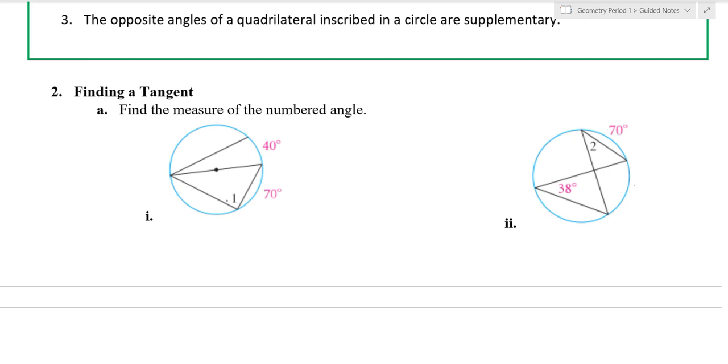180 degrees. So by the inscribed angle theorem, I'm just going to write this statement that I have here.